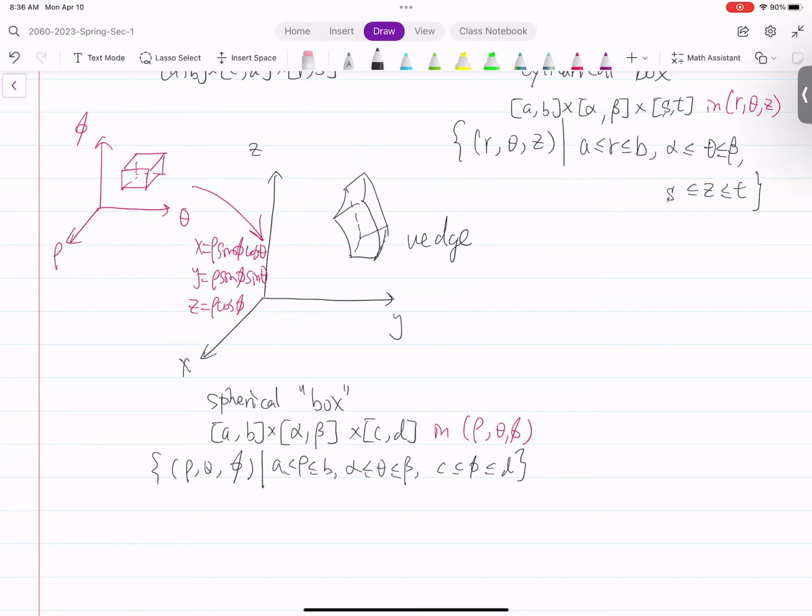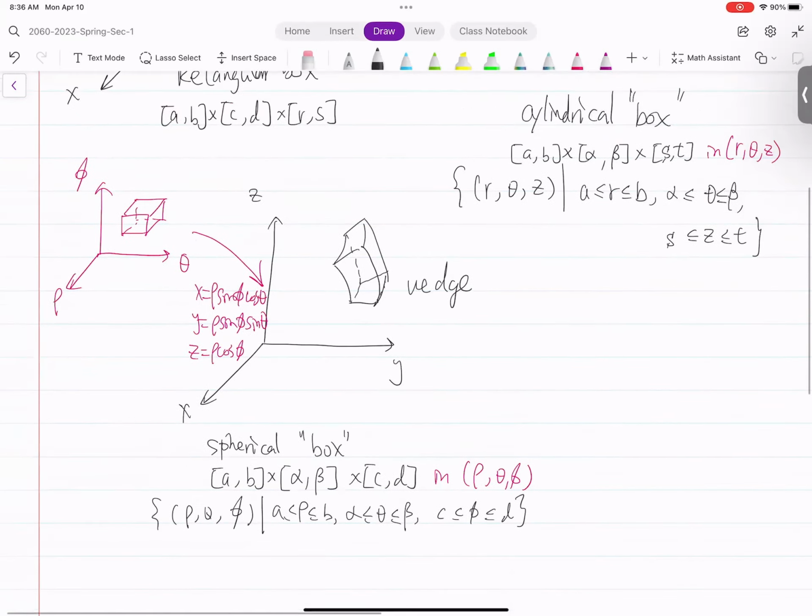The fundamental thing is that we always have some kind of variable system, and we always have a rectangle, but then how are we going to compute the volume that results from the translation, the change of variables?